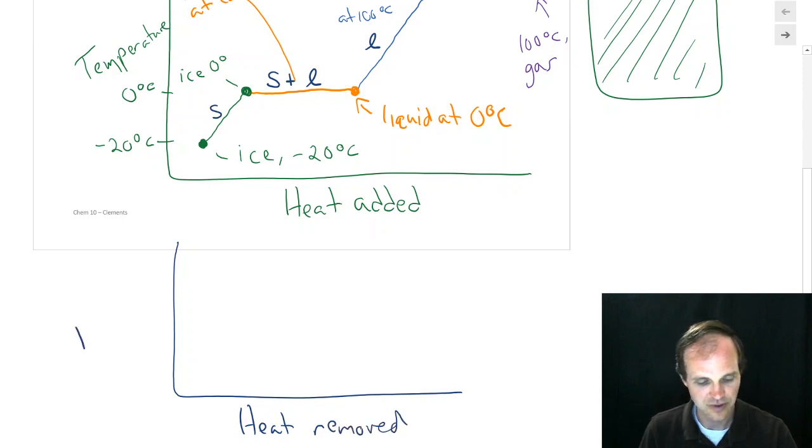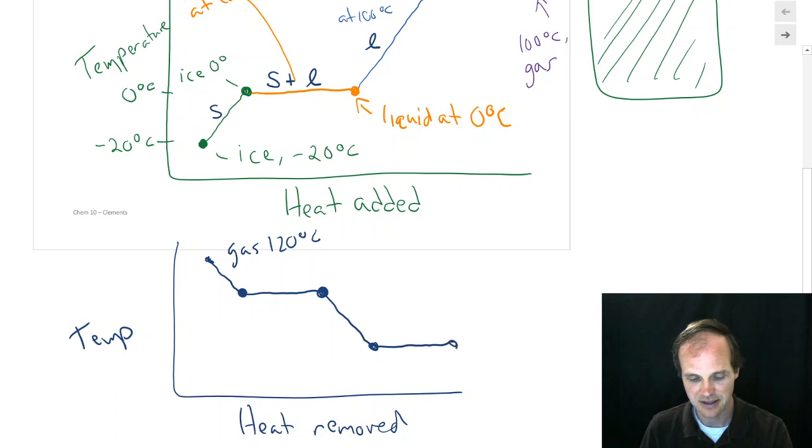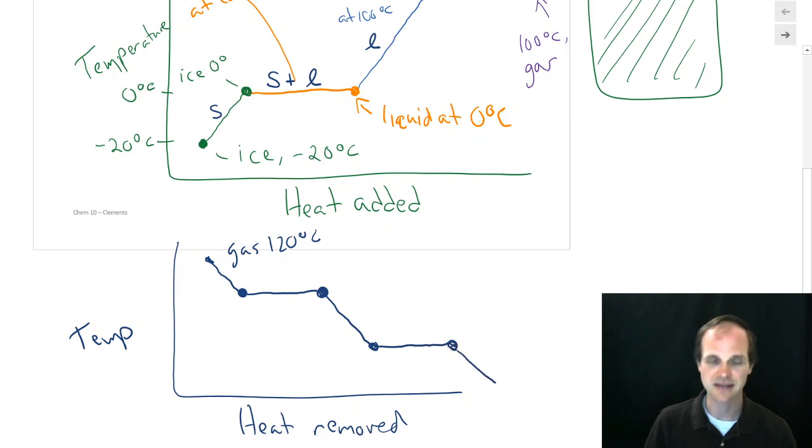As we remove the heat, if we start with a gas at 120 degrees Celsius, this is for water, we cool down the gas until we start making a liquid. We condense the liquid. Now we've got that flat part there where we're making the liquid. We cool down the liquid until we start making ice. Then we can cool down the ice as cold as we want. So very, very similar in form, those cooling curves, but we're going to primarily focus our interest on the heating curves.